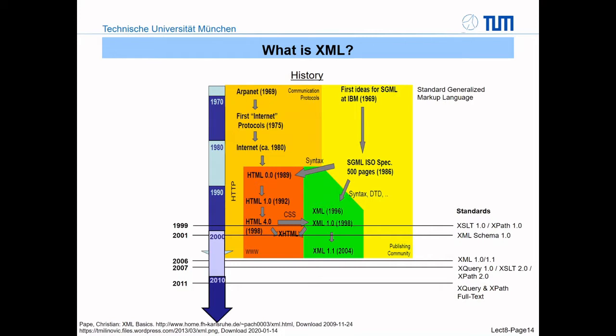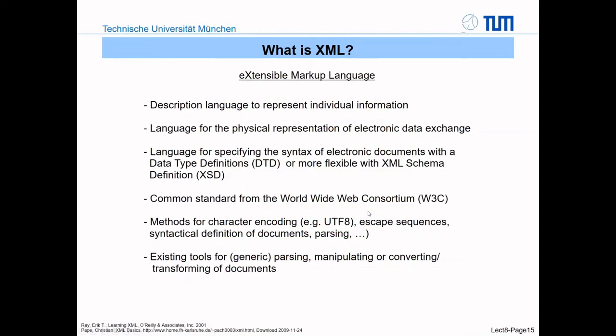For example, standards to describe the XML files or the formats with XML schema, or that you make some queries, which are often used nowadays in XML databases, things like that. So it's a very interesting thing. That's a long history, and XML is in principle nothing more than a language which describes languages or formats representing individual information.